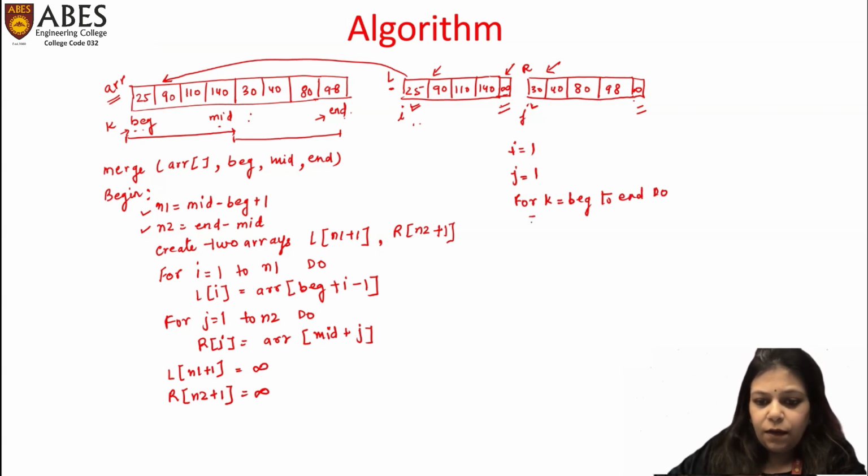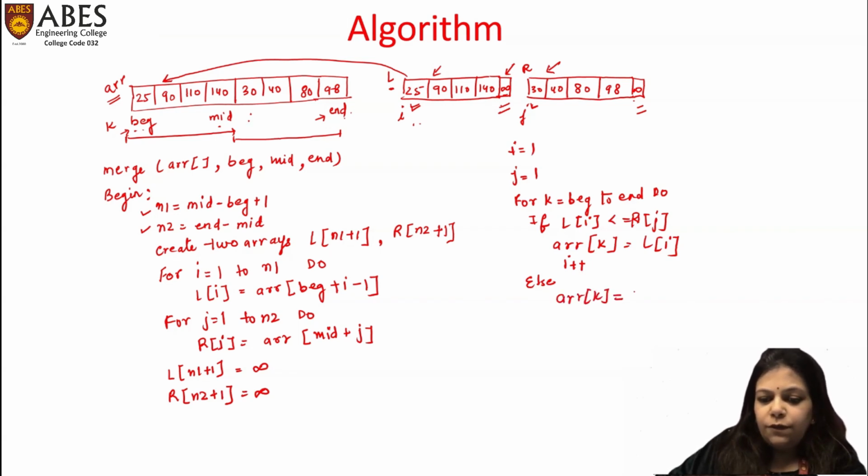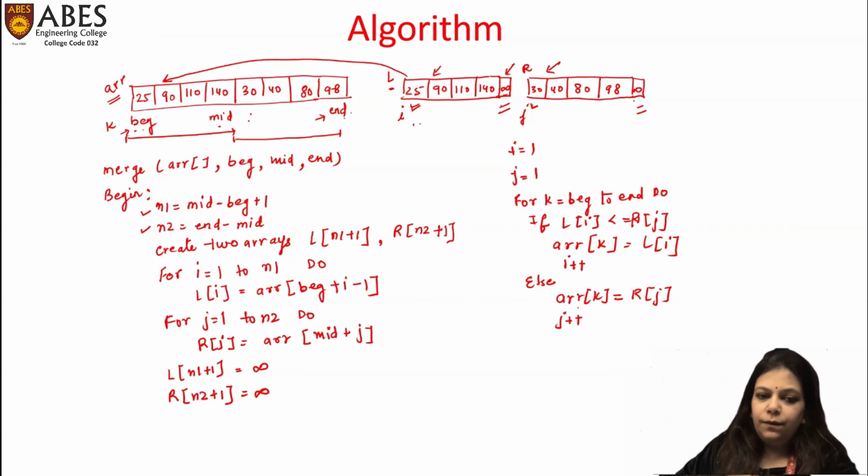We have to check if L of I is less than or equal to R of J. If this is the case, then ARR of K will store the value of L of I, and we have to increment the value of I. Else ARR of K will store the value of R of J, and in this case we are going to increment the value of J. So this is the process of merging.